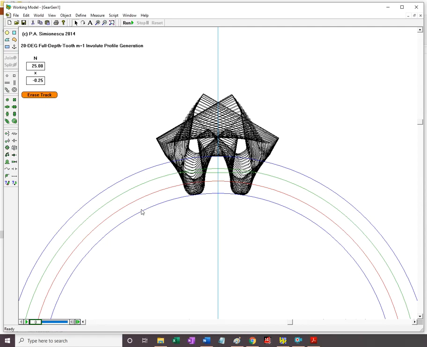So I could have that 11-teeth pinion with a positive 0.25 addendum modification. I take the conjugate gear with 25 teeth, the one that's meshing, and I do the negative 0.25 addendum modification, and now I can have the standard center distance between the two gears preserved.